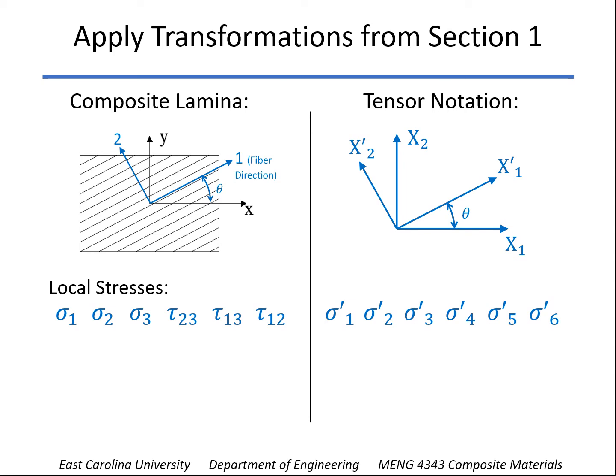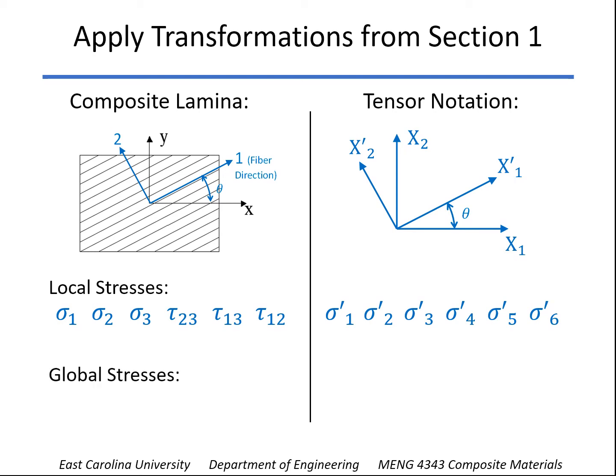In the composite lamina notation, we would call the normal stresses sigma 1, sigma 2, sigma 3, and the shear stresses tau 2-3, tau 1-3, and tau 1-2. You'll notice the order in which you show those: normal to the 1, normal to the 2 direction, normal to the 3 direction. Corresponding to those would be the primed values in the tensor notation, where we use that contracted notation from 1 to 6.